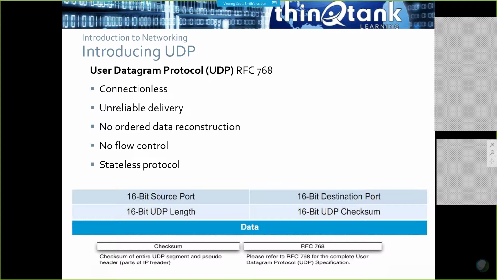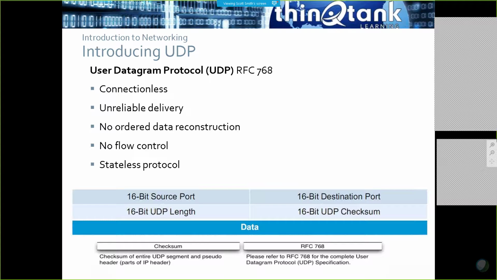So from an overhead perspective, a UDP segment has what, 8, 16, almost 3 times less overhead, certainly 2 times less overhead than a TCP header. But we lose all of that functionality. It's connectionless.